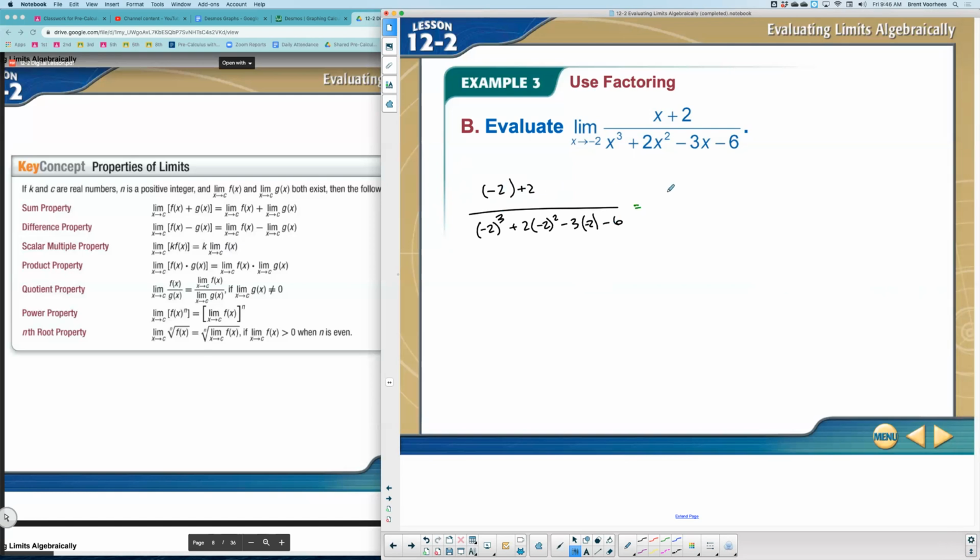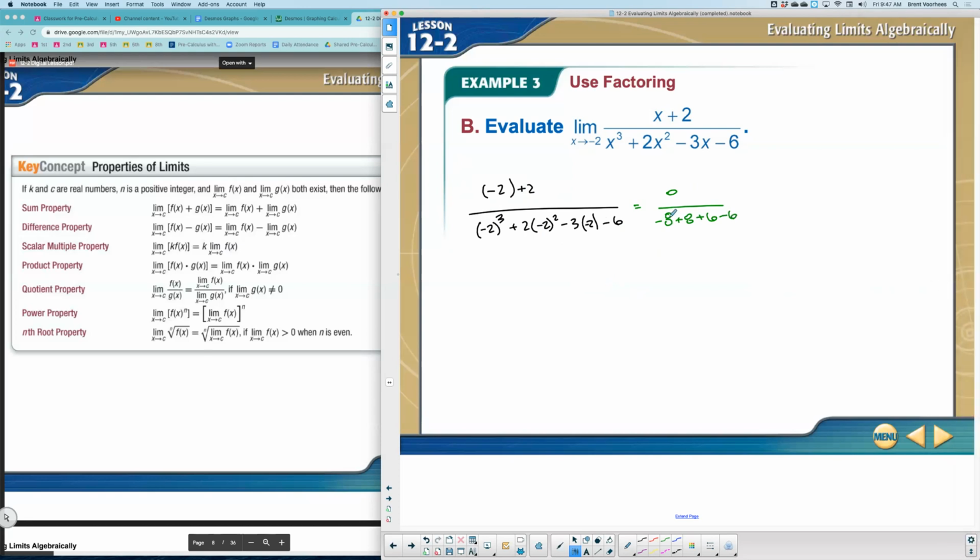So what I have here is 0 divided by -2 times -2 times -2. That's 3 negatives, so it will remain negative. 2 times 2 times 2 is 8, so -8. Plus here, -2 times -2 is positive 4, times 2 is 8. Minus 3 times -2, which will be a positive 6, minus 6.